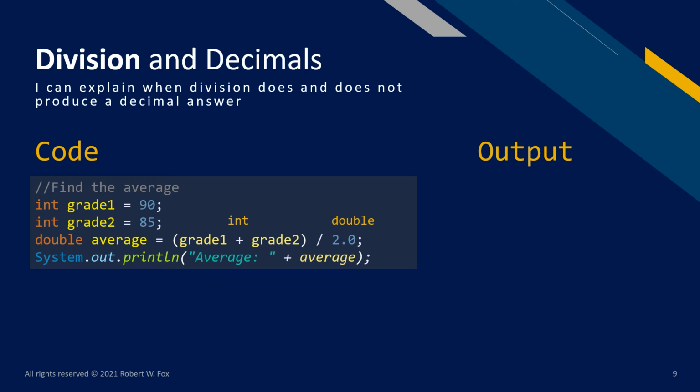The way to solve our imprecise division is to change either the numerator or denominator to a double. In this case, the easiest thing is to change the denominator, which was a 2, to 2.0. And when the code runs, because Java sees that one of the two numbers is a double, it does produce that precise answer. We could have also made the numerator a double by changing int grade 1 and int grade 2 to doubles.